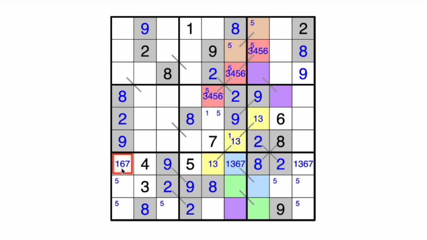No 3 here. Not a 7 because of there. It's almost a king's move constraint, but not quite. 1, 3, 6. That makes this 1, 3, 6. That means something. In here, these are 1, 5, 6, 7. But again, they don't see any of those things.